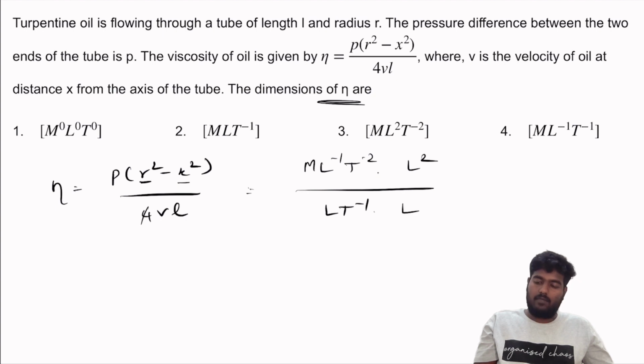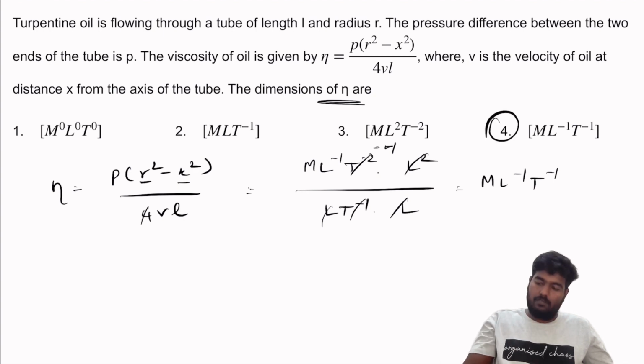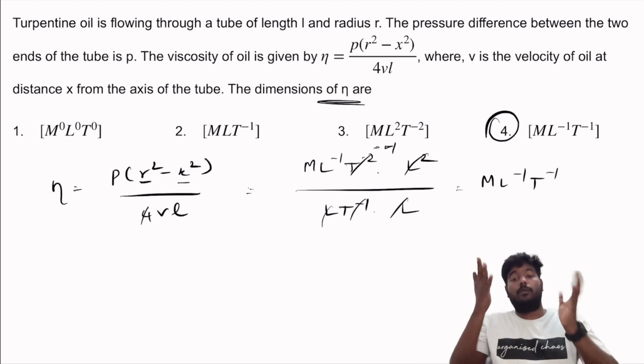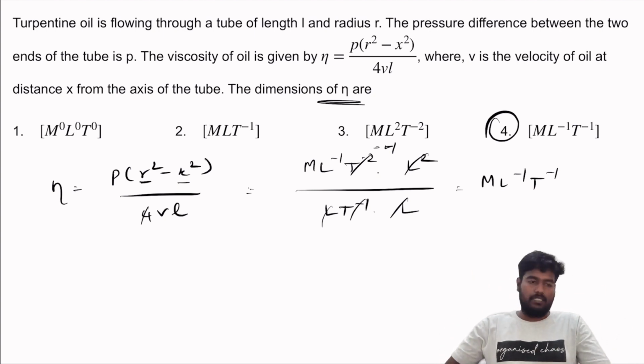So we have L square T power minus 1. So we will have M L power minus 2 T power minus 1. Both terms are right. If you remember the dimensions, you can directly write them. If you don't remember, you can still work them out. But logically, you have to be sure.